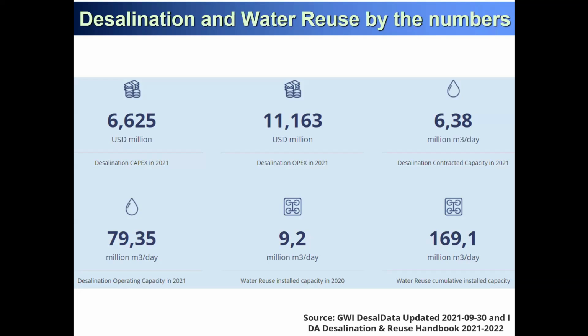But people like to drink seawater more than recycled wastewater. With recycled water, people are a little bit concerned: this water came from the toilet, it was recycled and purified, and I don't want to drink it.